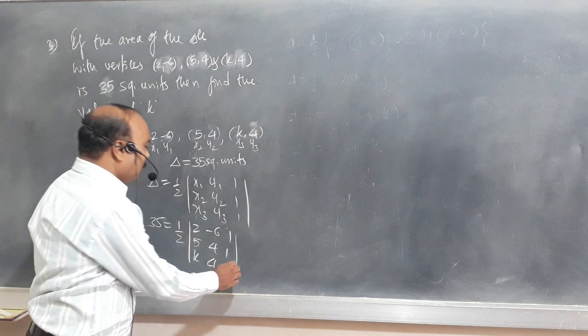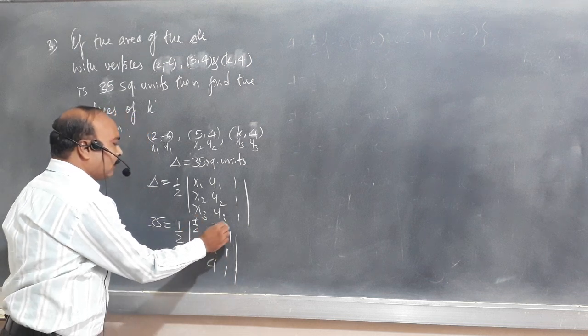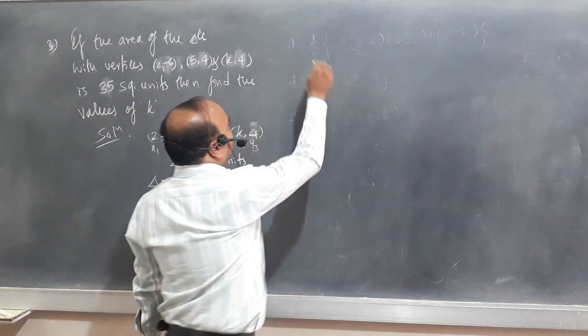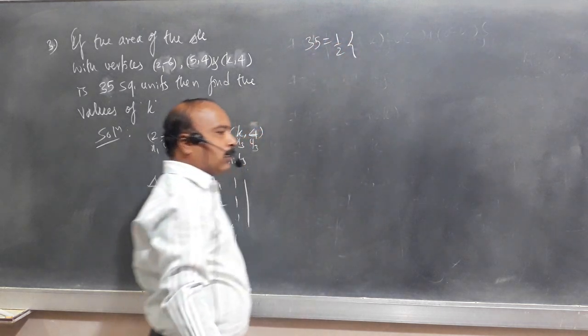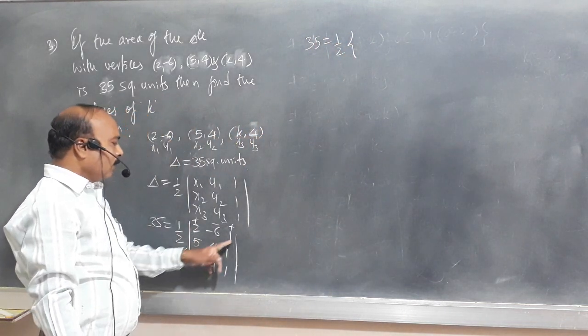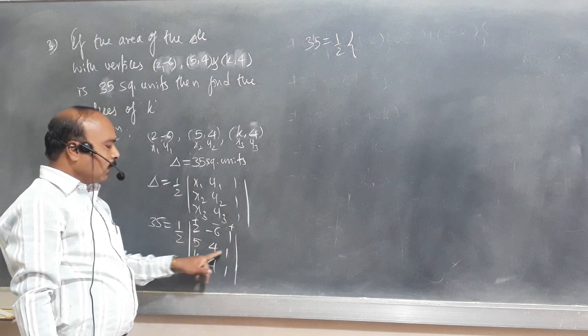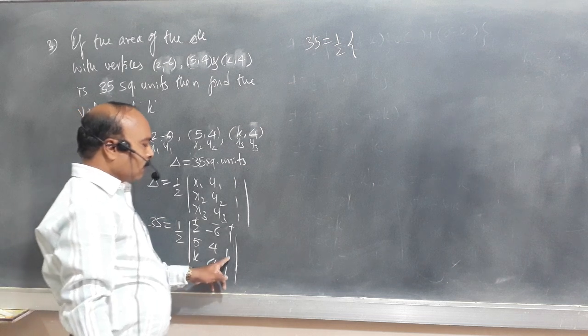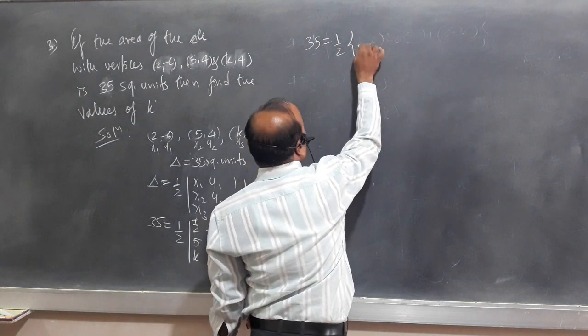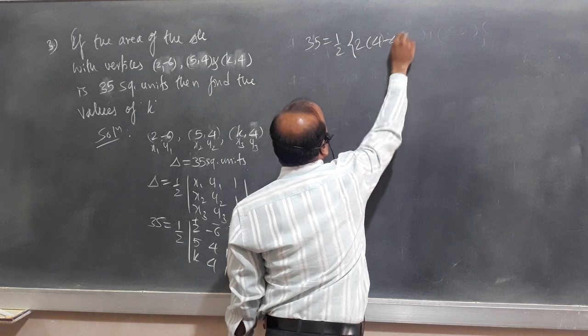Now simplifying the determinant, plus minus plus, we get 35 equal to 1 by 2 as it is. For the first element, deleting this column and this row, we get 4 1, 4 1. Here the determinant is 4 minus 4, that is 2 into 4 minus 4.